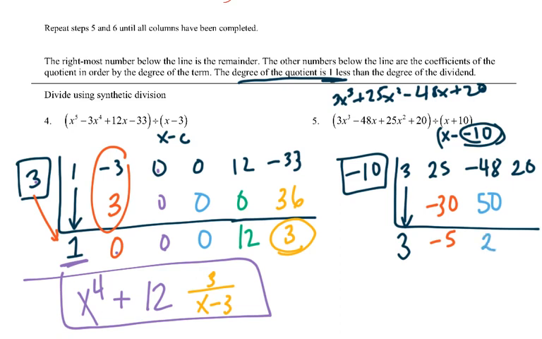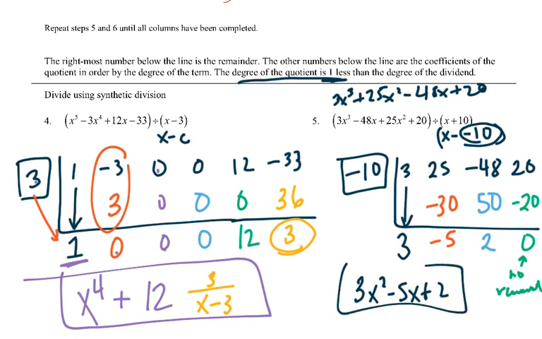Negative 10 times 2 is negative 20. 20 plus negative 20 is 0. So we have a 0 remainder, so no remainder. So our result for this one would be 3x squared minus 5x plus 2, and that is our quotient.